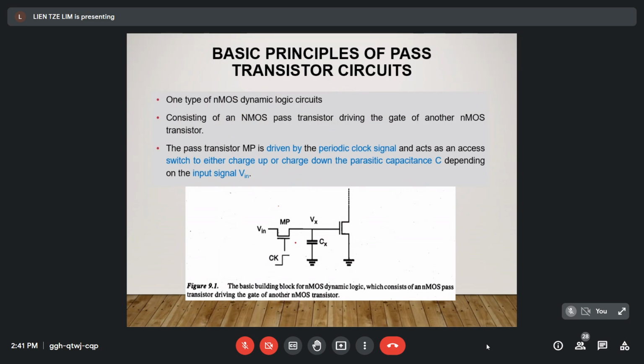There are two NMOS. This is an NMOS, and this is also an NMOS. This NMOS has the output, and the output is connected to a CX. CX is called the parasitic capacitance. Sometimes we call it output or load capacitance.